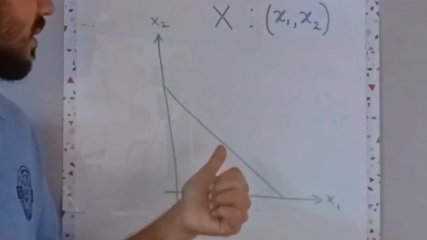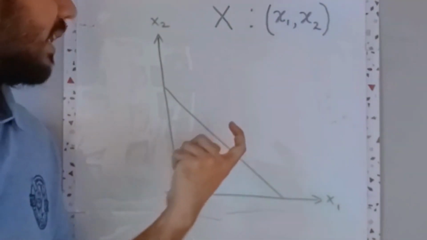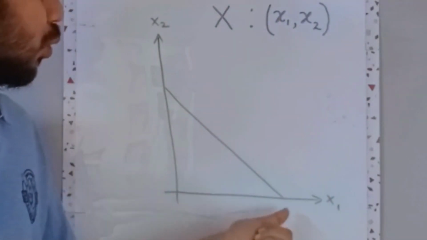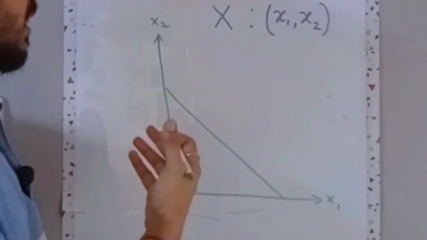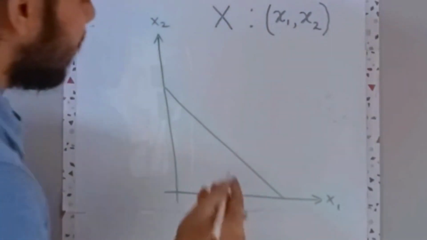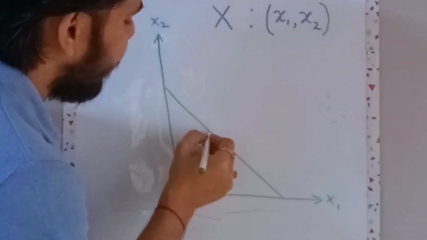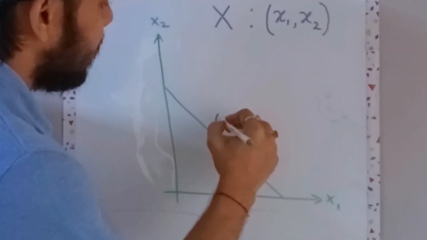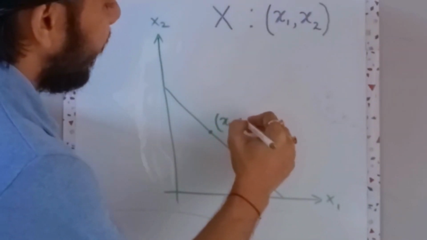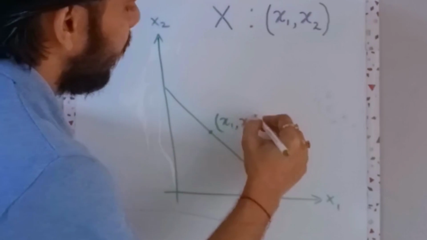Now this is your case of indifference between two goods in that consumption bundle. Now why will this be a case of perfect substitutes? Let's understand this. Because if I take any point over here, just think about this as x1 and x2, right?